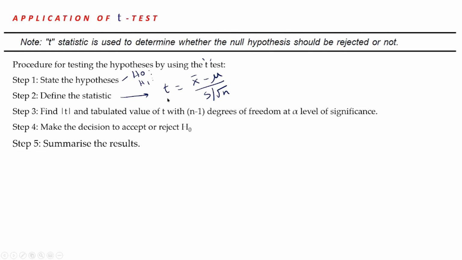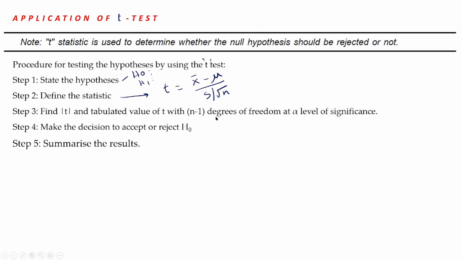The third step is, sometimes the value of t can be negative. If x bar is less than the population mean, then the value of t will be negative. In that case, we have to find mod t and we have to find the table value of t with n minus 1 degrees of freedom at alpha level of significance.